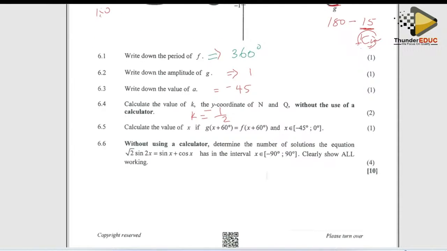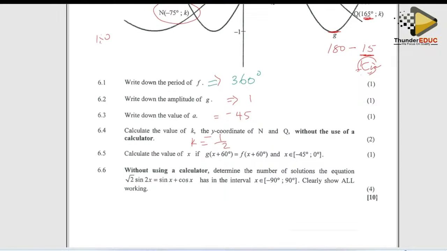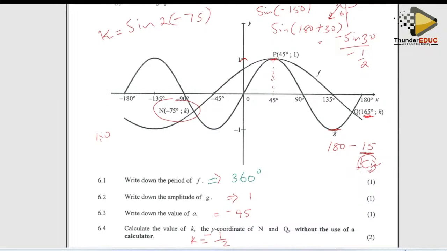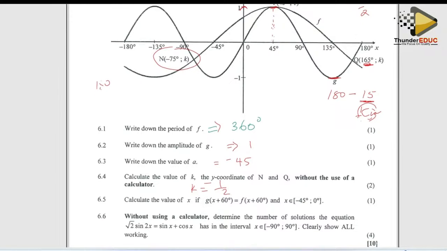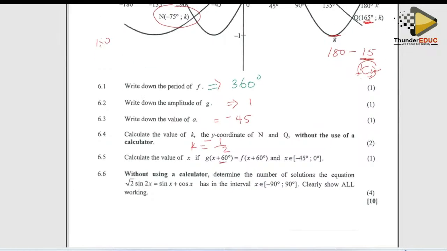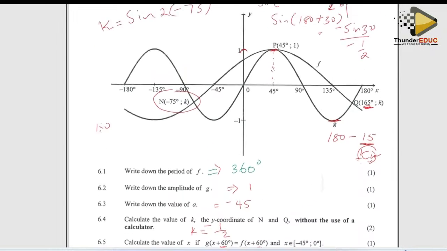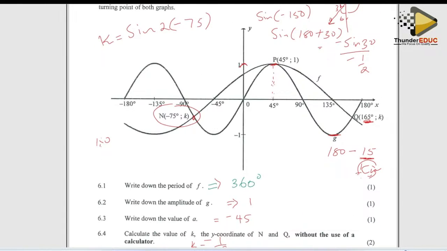Okay, then calculate the value of x if g of x plus 60, which means the graph is being moved 60 units to the left, and f. So where do we find the two graphs to be equal? The two graphs are equal at this point, at that point, and then at that point.